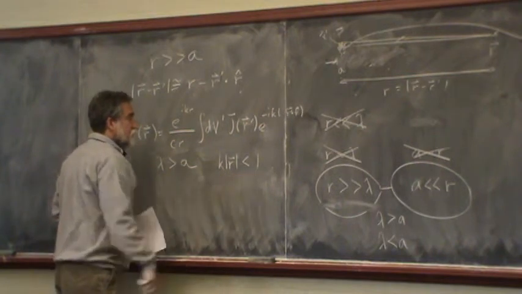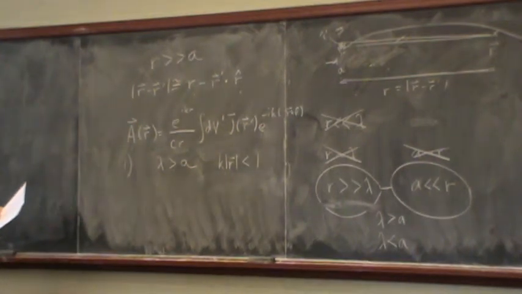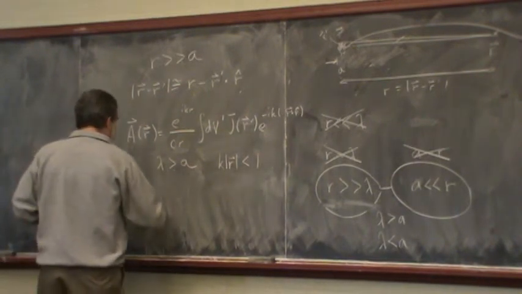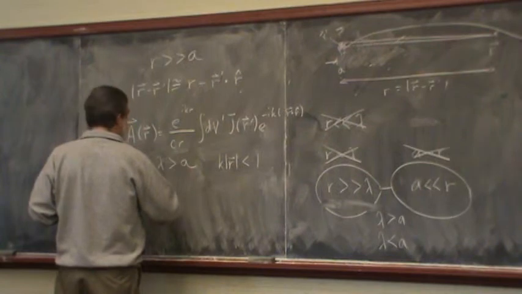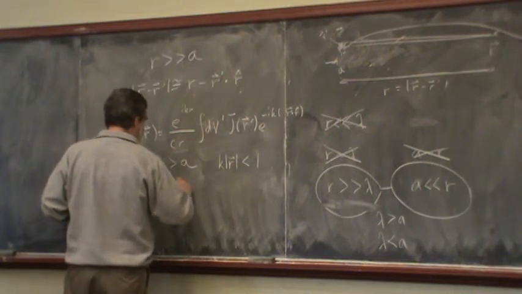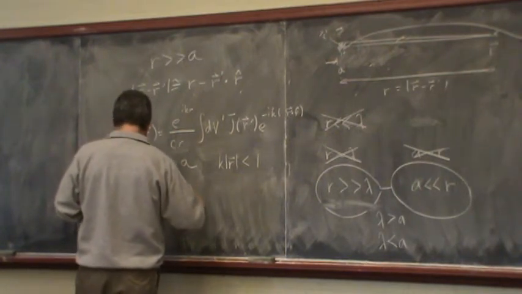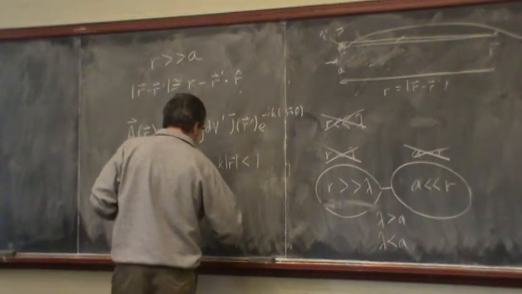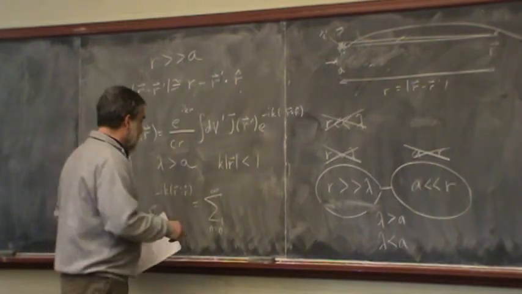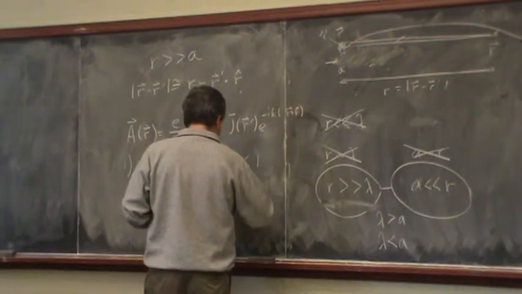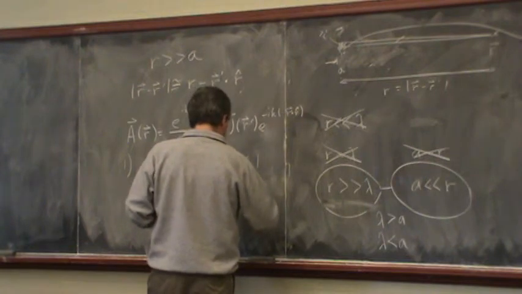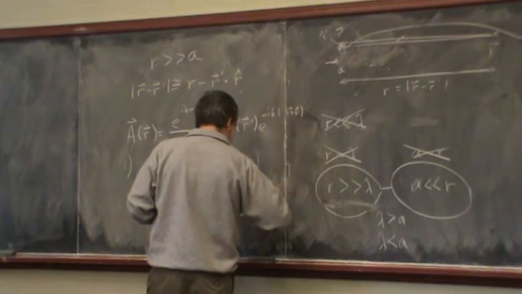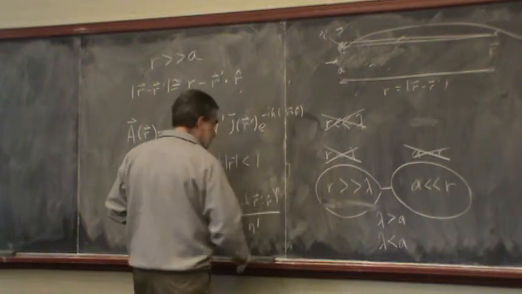If that's the case, then I can expand the exponential. So I can write e to the minus ik R prime dot R hat is equal to the sum from n equals 0 to infinity of minus ik R prime dot R hat to the n divided by n factorial.